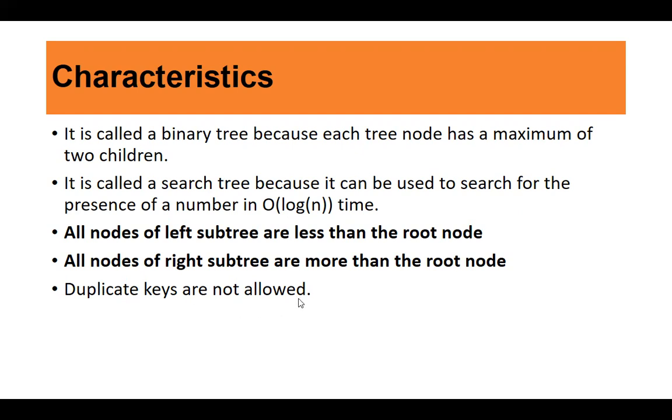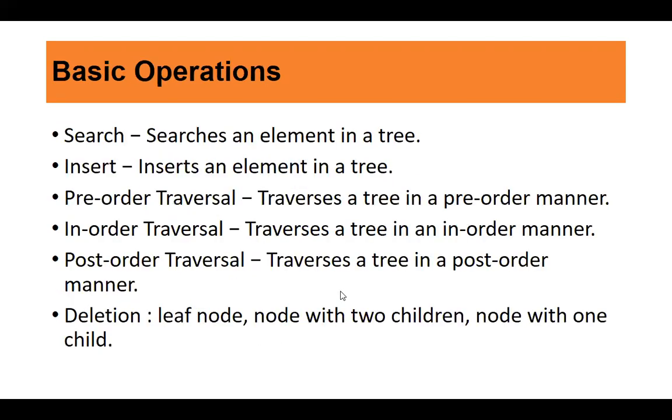Now let us look at the set of operations which can be carried out on a binary search tree. The very first operation is search, which is searching for an element in a tree, then insert, which inserts an element in a tree, then traversal. We have three types here: pre-order traversal, in-order traversal, and post-order traversal. It depends on the position of the root, whether you are traversing the root first, in between, or at the end.